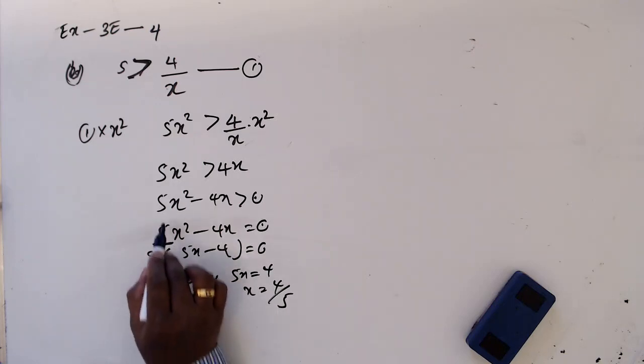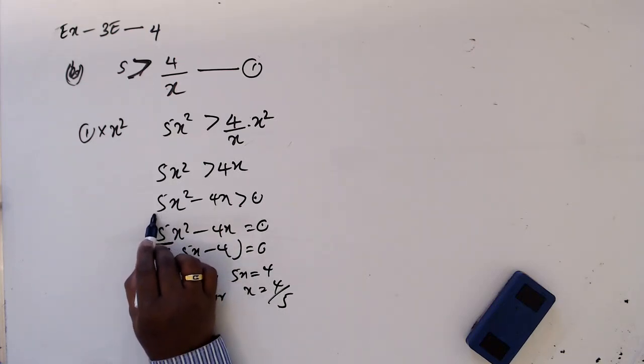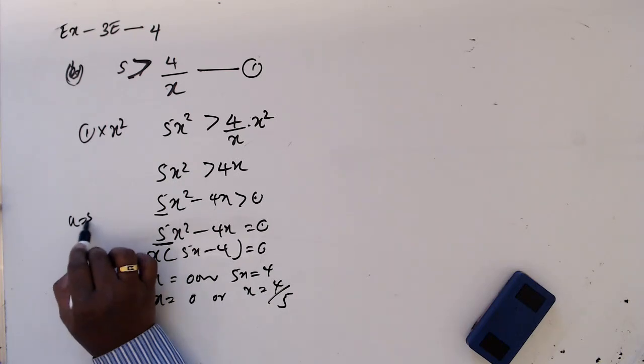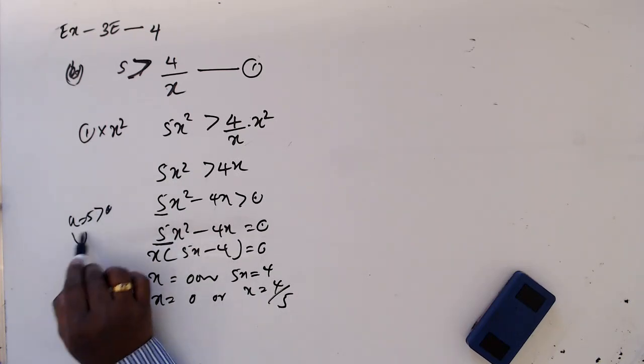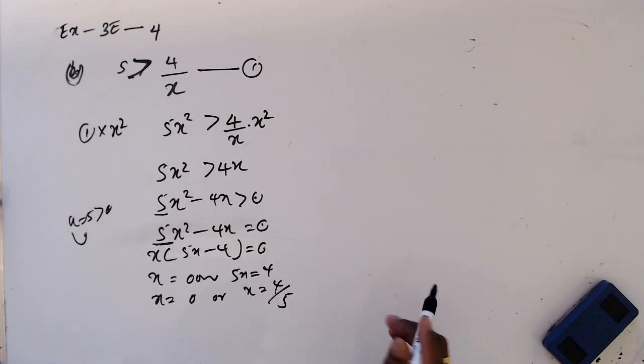This is a quadratic, and since the coefficient 5 is greater than 0, it has a minimum.